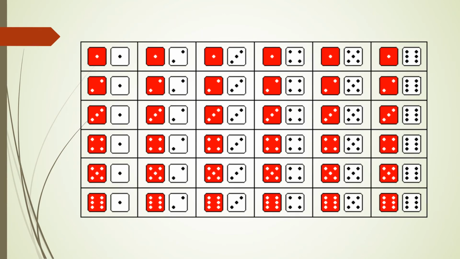Okay, so here we have a list of all the possible ways that could happen when you roll 2 dice. One die has 6 outcomes, another die has 6 outcomes. So 6 times 6 is 36. This gives you all your possible choices when you roll 2 dice.